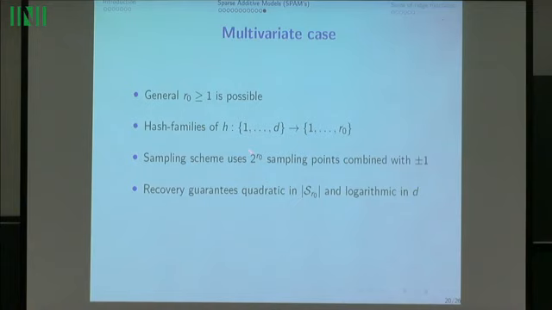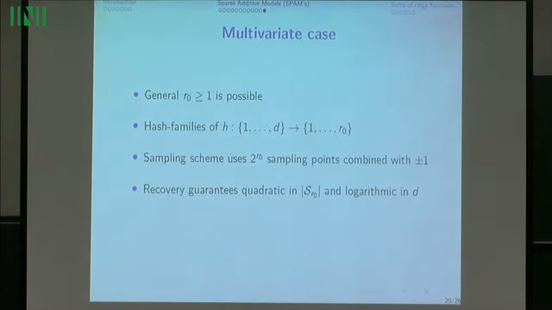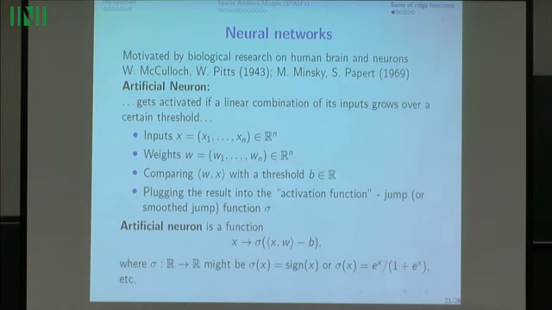Instead of 2, 4, you need 2 to the R0 points, which you combine with the right plus minus combinations, and you get the same sampling scheme, albeit a bit more technical, of course. That's why I say we don't want to go with R0 too far, because it's exponential in R0. So that's the one part where I spent too much time, I guess.